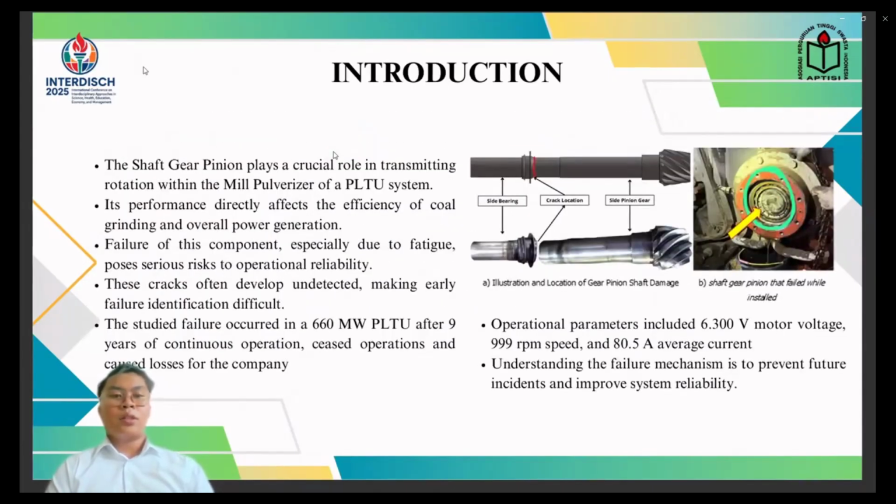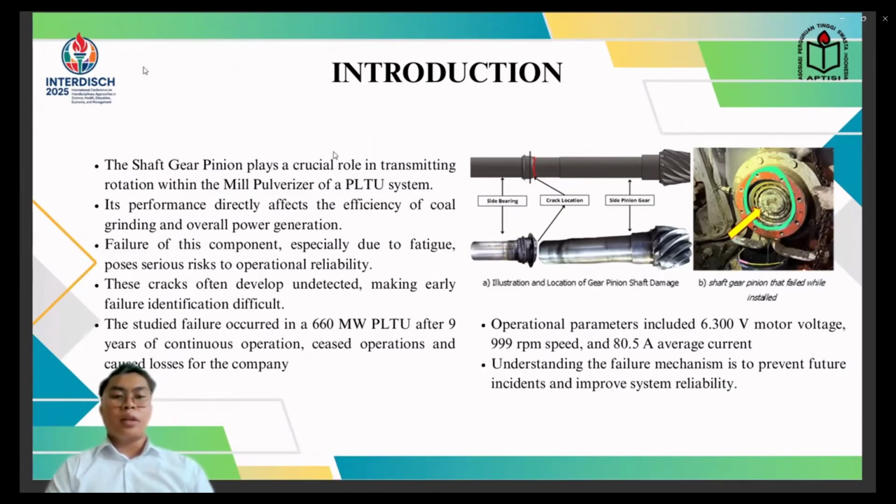Okay, introduction. The shaft gear pinions play a crucial role in transmitting rotation within the mill pressure of a system. Its performance directly affects the efficiency of coal grinding and overall power generation.